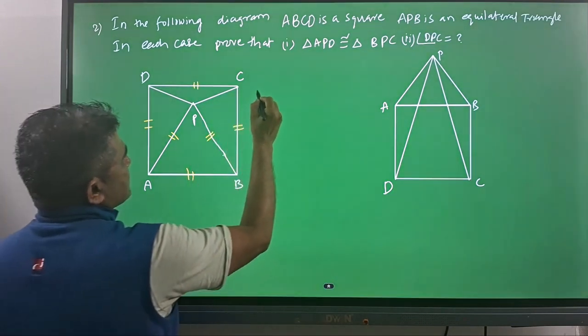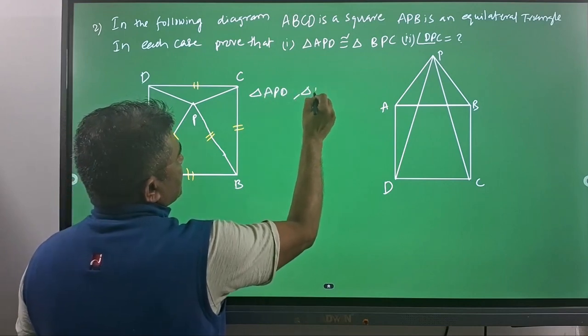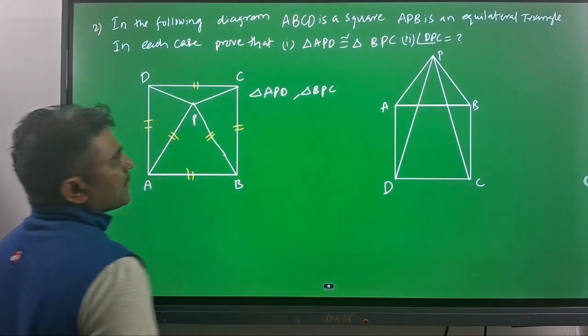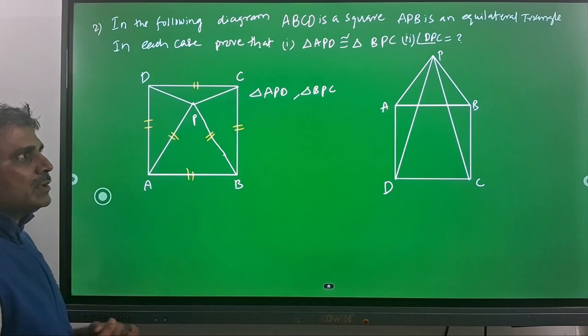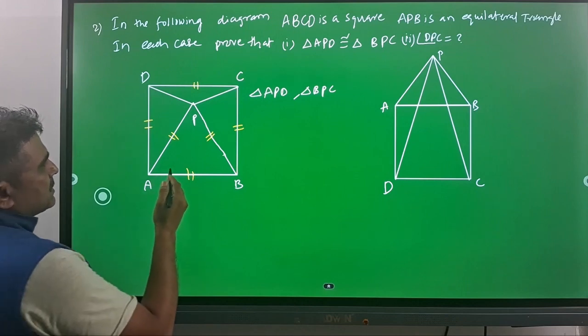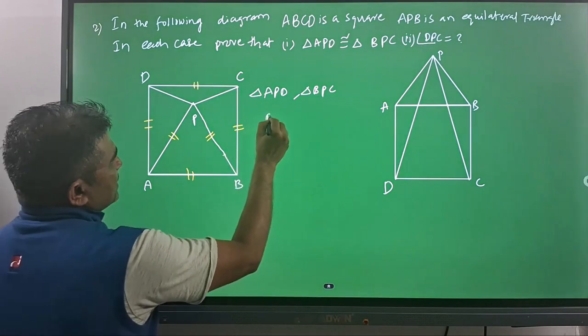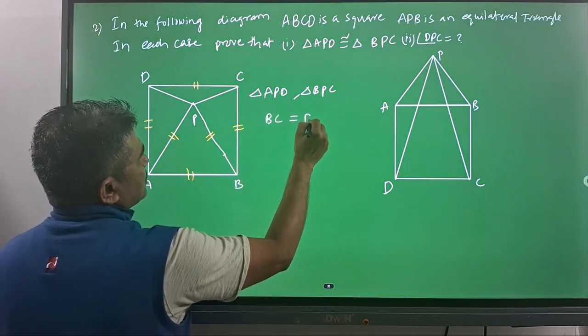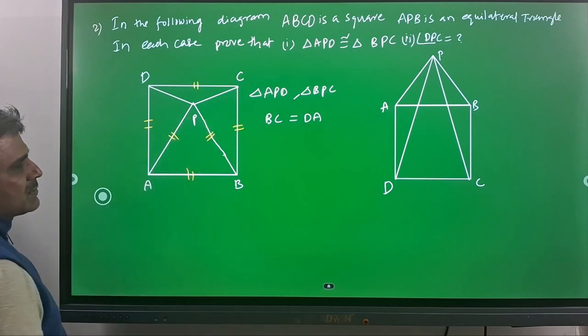Consider those two triangles first, triangle APD and triangle BPC. If you prove any three equalities, we can say those two are congruent. After seeing the picture itself we can see that BC is equal to DA, because those are the sides of the square.